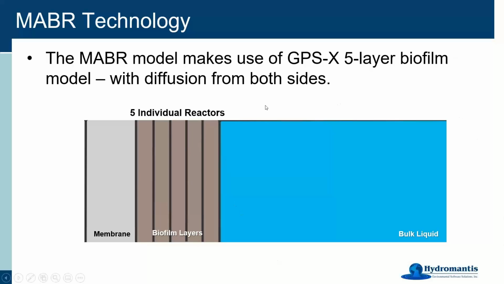And then we have one more reactor out here, which is the rest of the bulk liquid. Now I'm showing it as blue, kind of implying it's really clean. It actually is usually going to be wastewater, so it will be mixed liquor potentially. So if you have a recycle, it could have a significant amount of biomass in it, or maybe it doesn't. There's a lot of flexibility. We model it the same way, whether you go one way or the other.